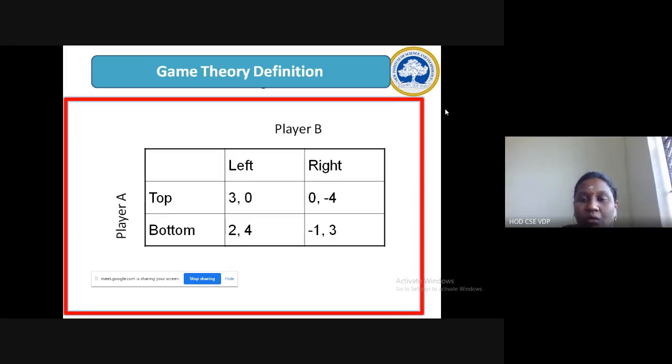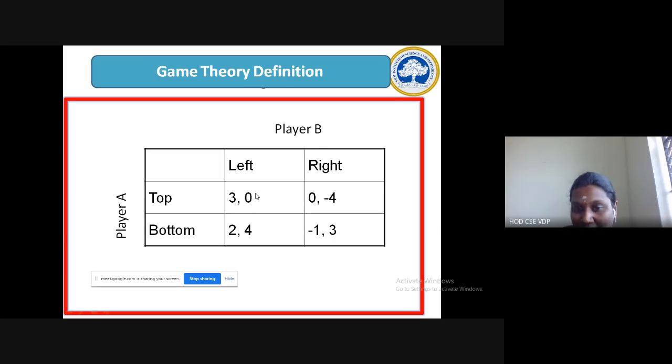Now if you have this game with player A and player B, these are called your payoff matrix. So 3, 0: this is player A's strategy. 3 is player A playing the top strategy and player B playing the left strategy. The utility that player B is going to get is 0. This is how you have to read this table.